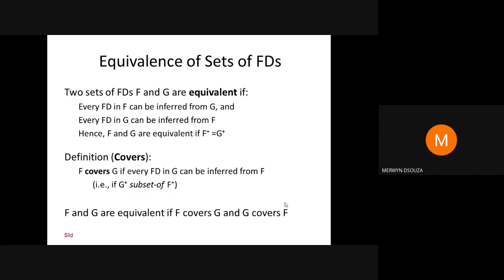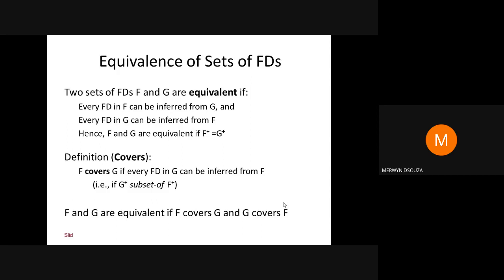Two sets of functional dependencies F and G are equivalent if every functional dependency in F can be inferred from G, and the second condition is that every functional dependency in G can be inferred from F. If both these conditions are met, then we can say that F and G are equivalent.